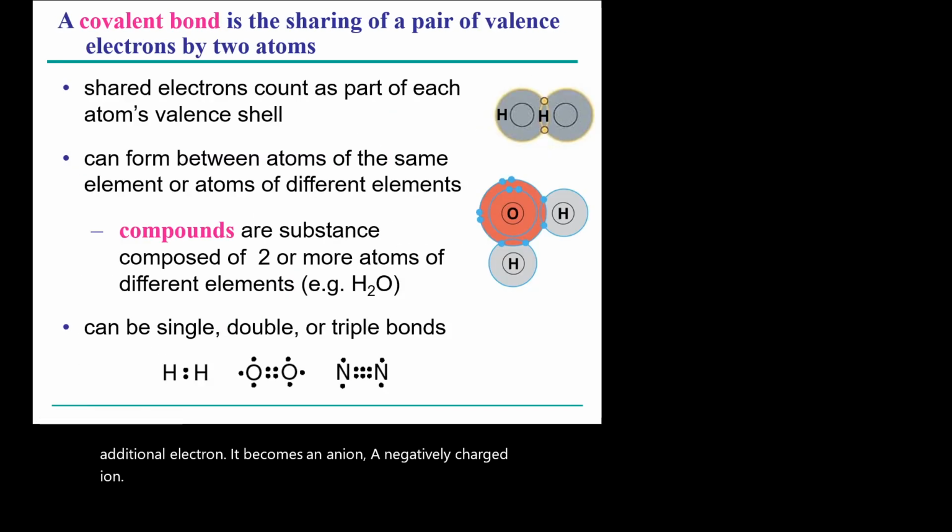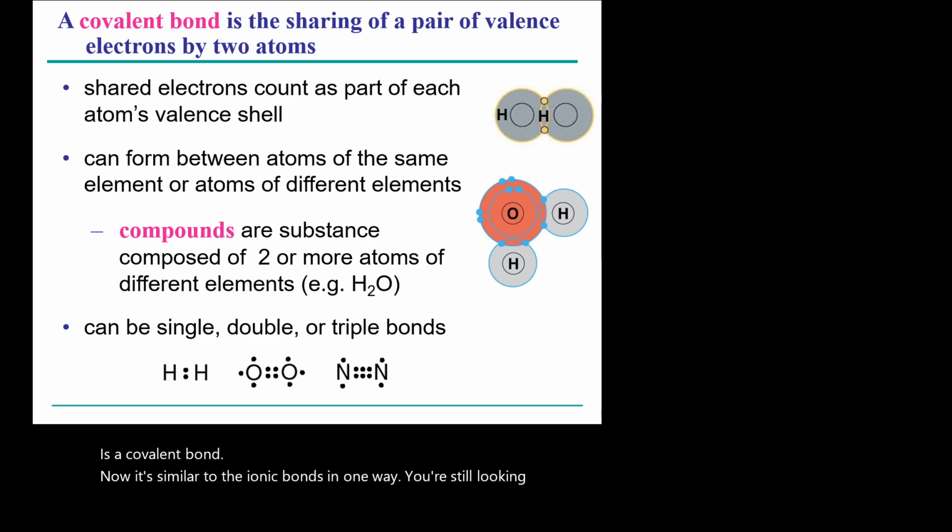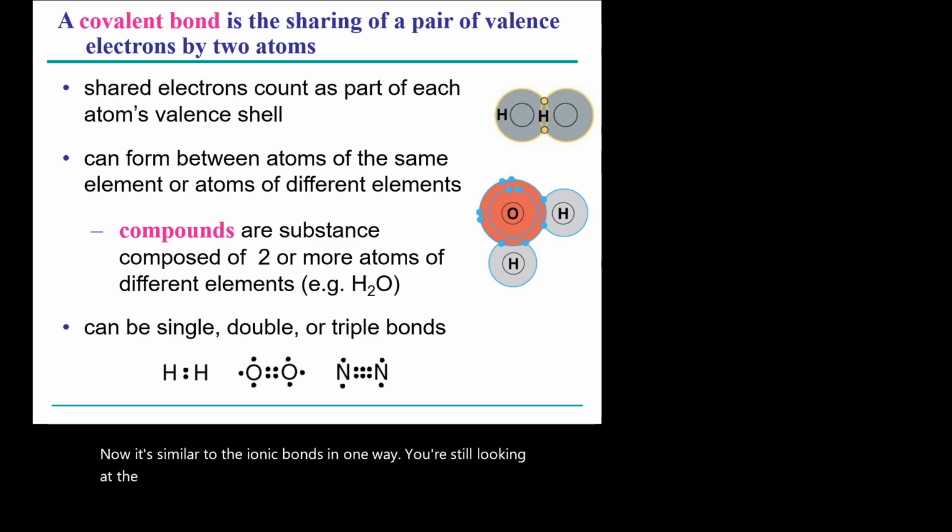Our next type of bond is a covalent bond. Now, it's similar to the ionic bonds in one way. You're still looking at the compatibility of these different atoms based on their valence electrons and whether or not they have a full valence shell of electrons.